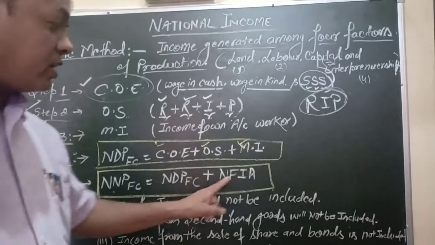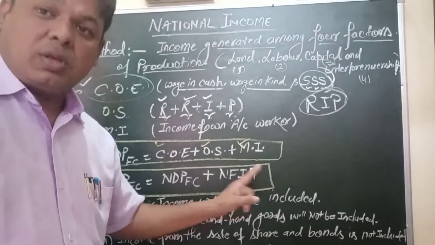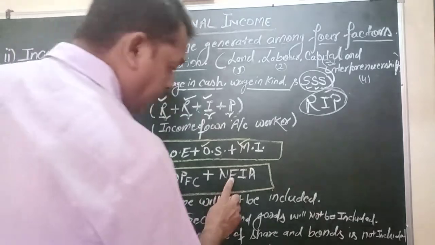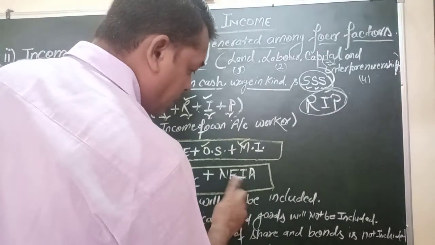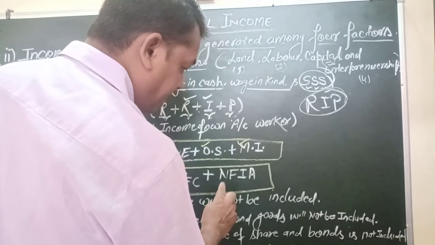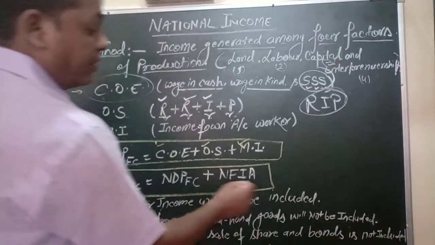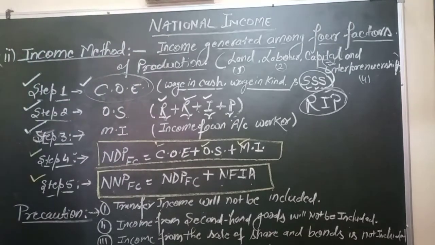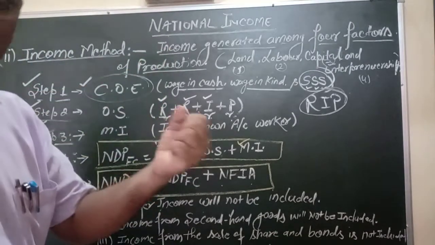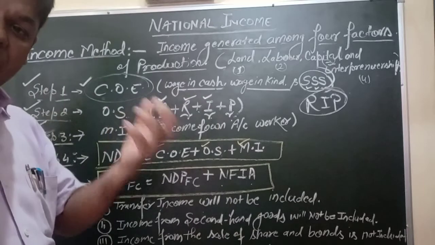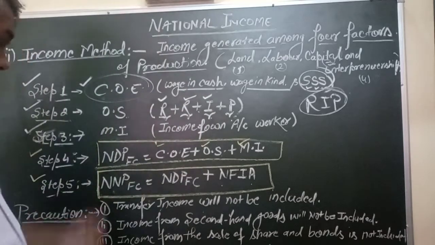It means net factor income from abroad. So this is NFIA. Now this is the total income method. We have to find the national income through the income method.